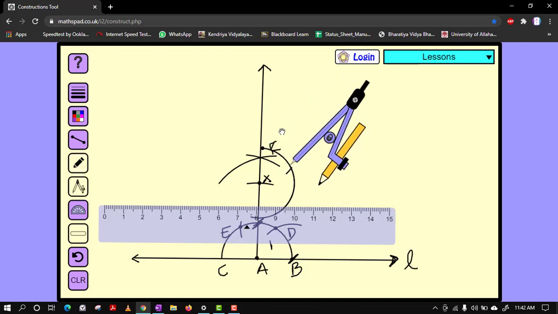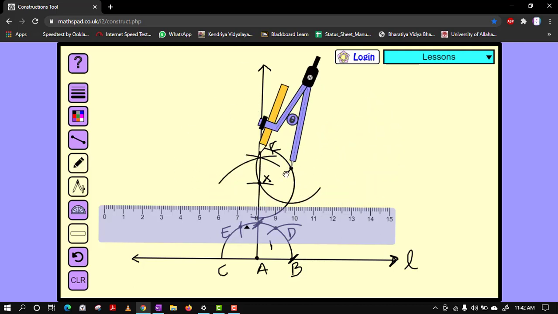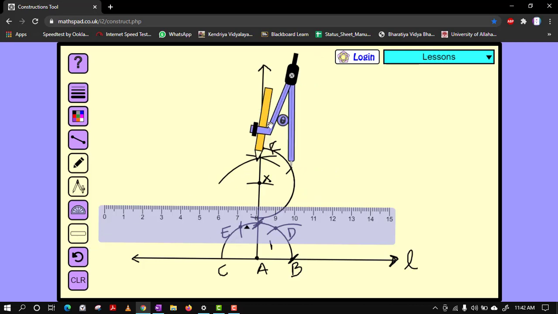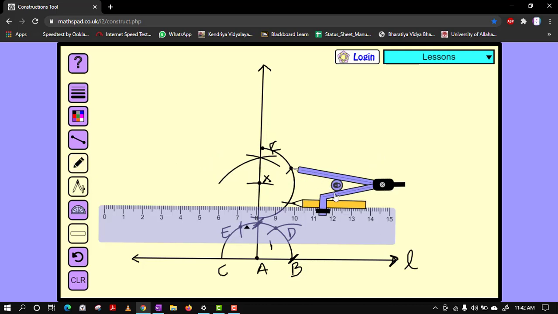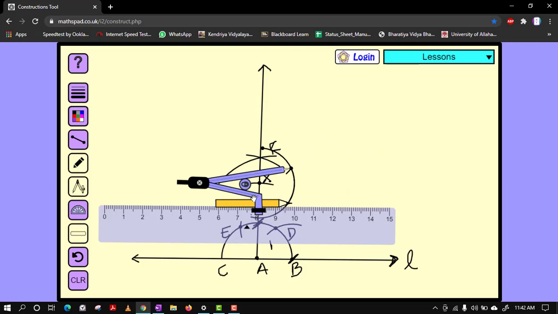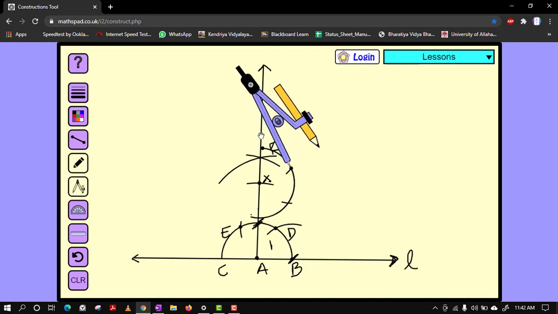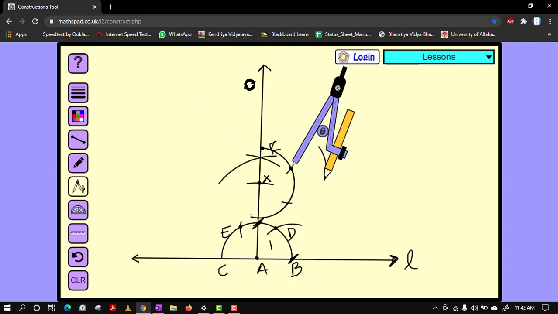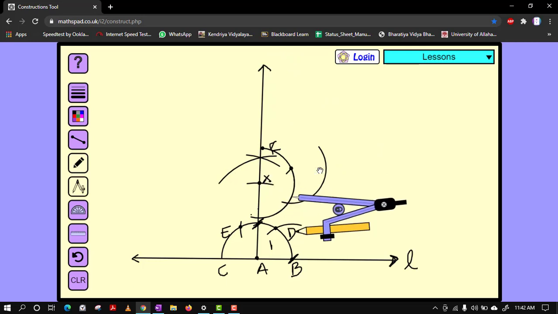Let's make the second arc of 120 degree. Let me make it small, it is quite large. This is the arc of 120 degree. Now keeping on 60 only, take the first arc, and keeping on this, the second, like this.